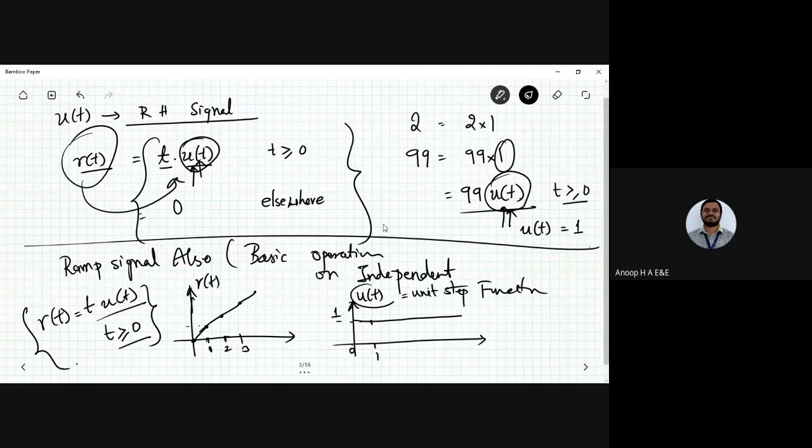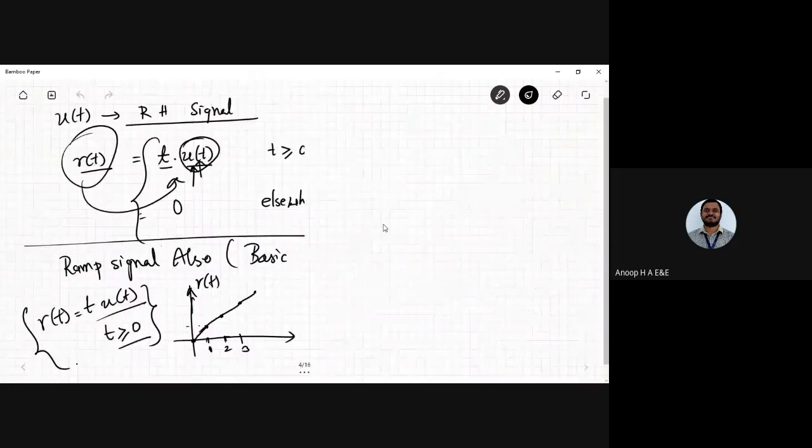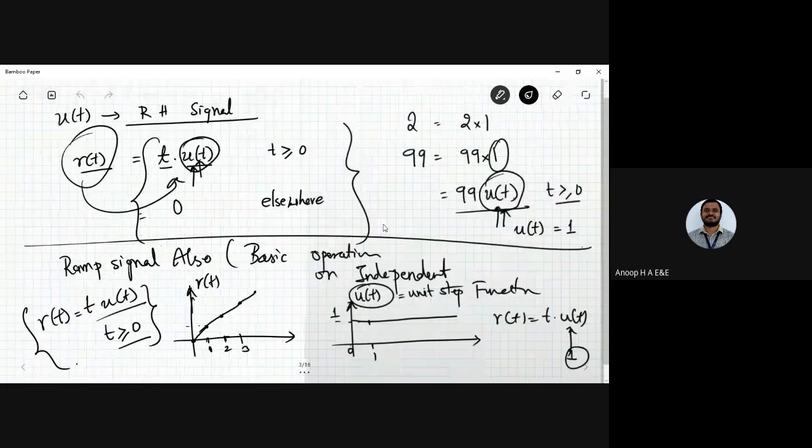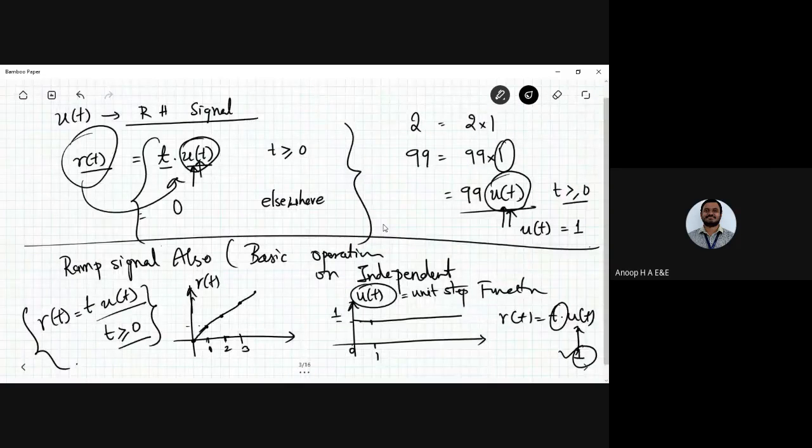I'm doing the multiplication process here. So u(t) would be equal to unity for whatever t values greater than or equal to 0 that it takes, other than the 0 value, so that would be equal to 1. This is the value of t that it takes in the signal there.